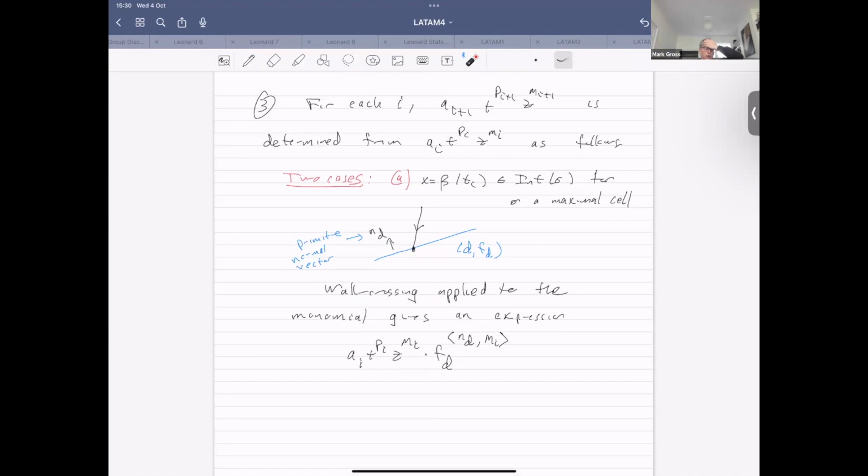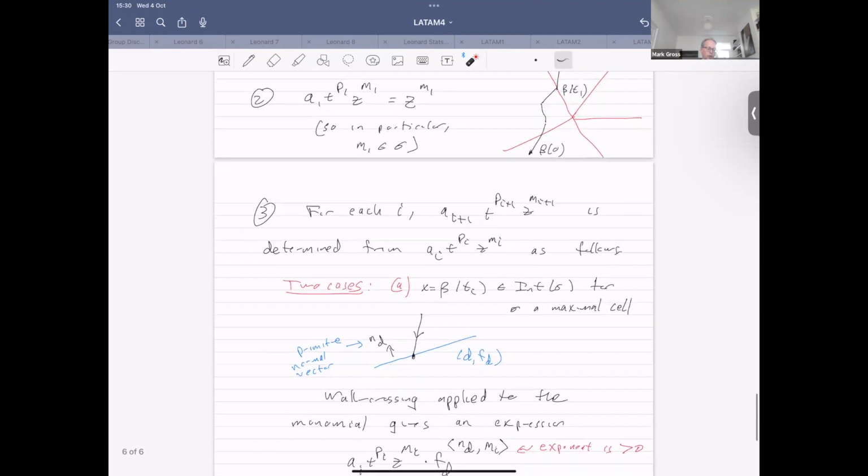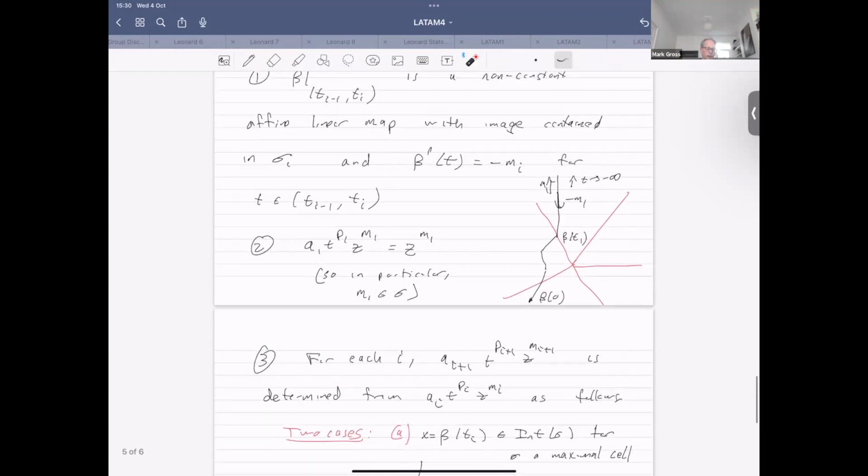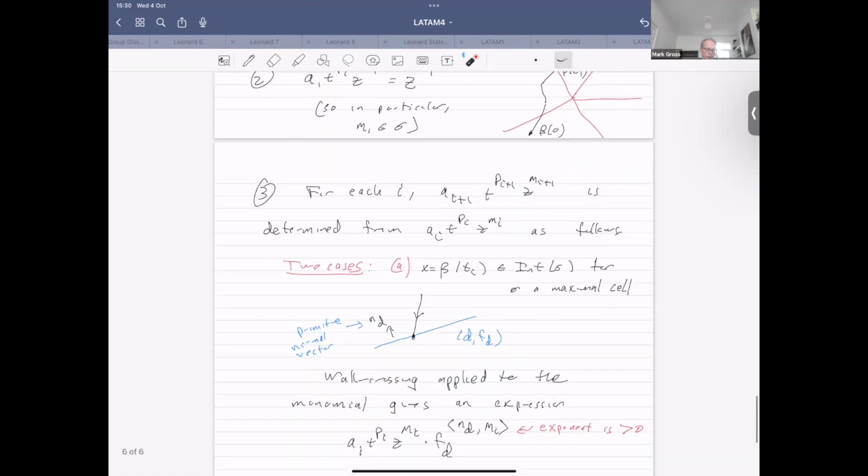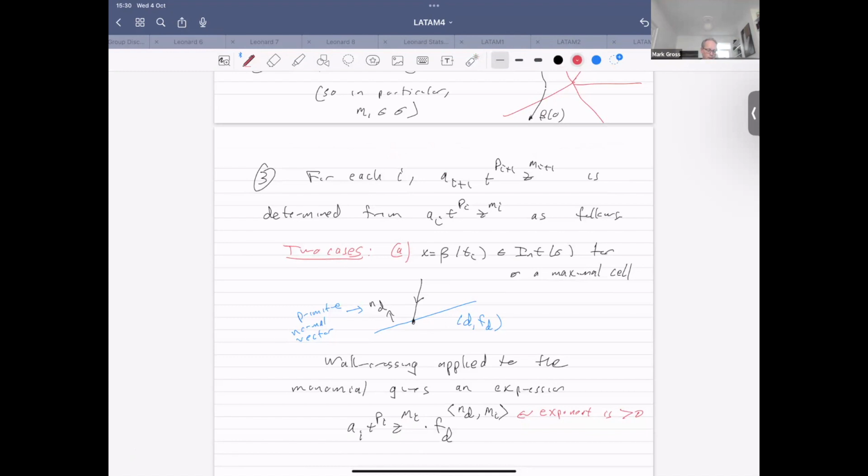One thing to note, an important point, is that this exponent is always positive. And the reason is precisely this rule about the direction broken lines travel. Right? The tangent vector to beta is minus m_i. So m_i is pointing in this direction.